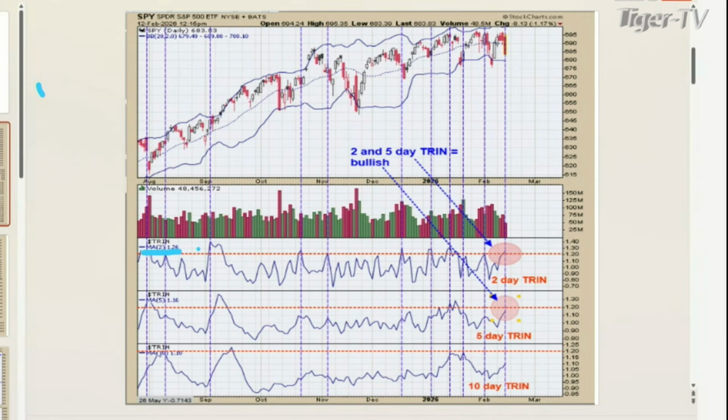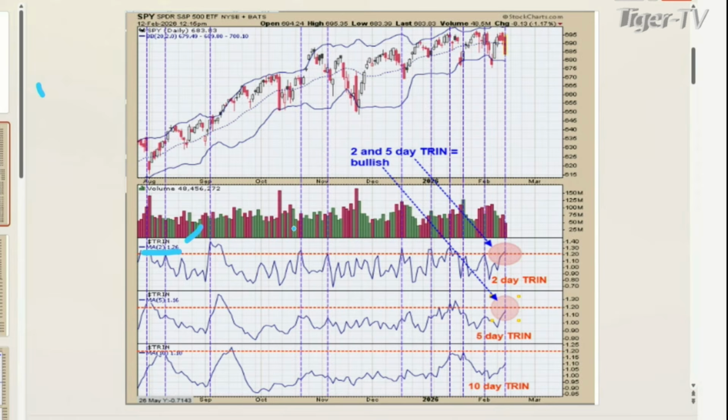The 10-day trend up around 1.2 is the best intermediate time indicator. They usually find intermediate term lows that can last a couple of months or even longer. The 2-day trend is obviously a shorter term indicator because it only takes in 2 days. And right now, when I made this chart, it was coming in at 1.26. Anything above 1.2 shows panic in the market.